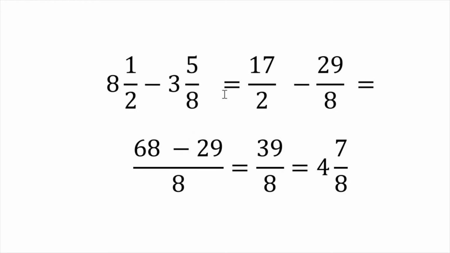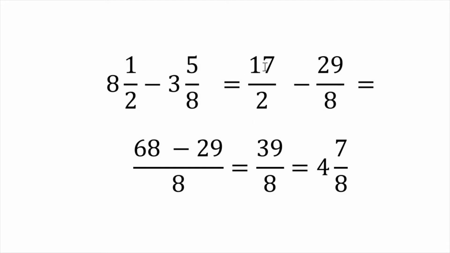As we have seen here, 8 1/2 can be written as 17/2 and 3 5/8 is 29/8. So you know how to convert a mixed fraction into an improper fraction. Just multiply by the denominator and add the numerator, and then keep the denominator the same. So when we do that, we get these two fractions.